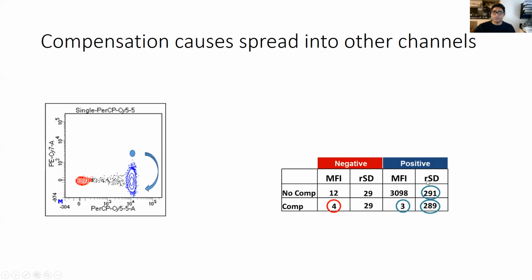The robust standard deviation is still the same. The mean fluorescence decreases, but the problem is this population gets expanded. So if we have a cutoff threshold based on negative ones, this part will look positive for this PE-Cy7.